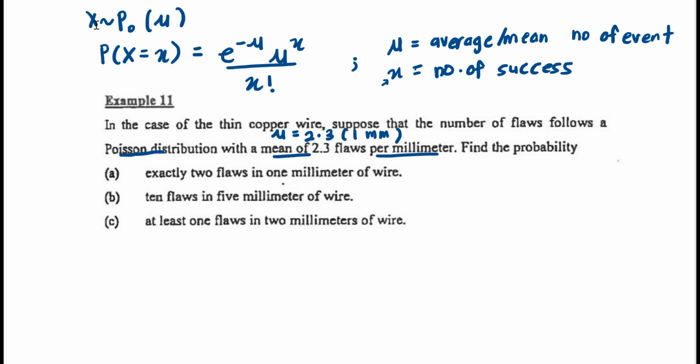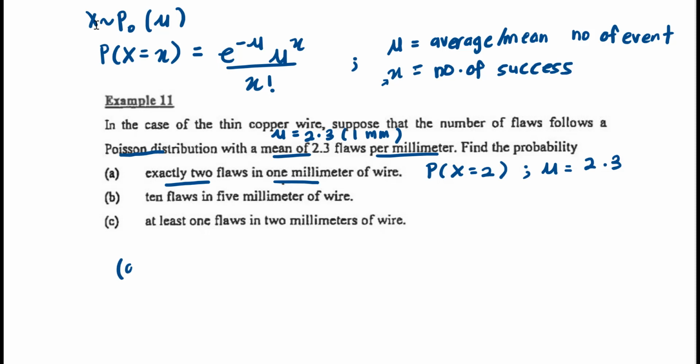The question asks you to find the probability of exactly 2 flaws in 1 millimeter. Your mean is 2.3 flaws per millimeter, so mu, the average, is 2.3.